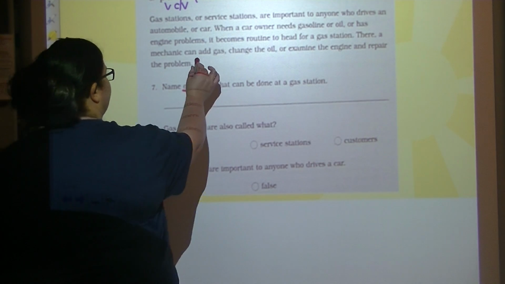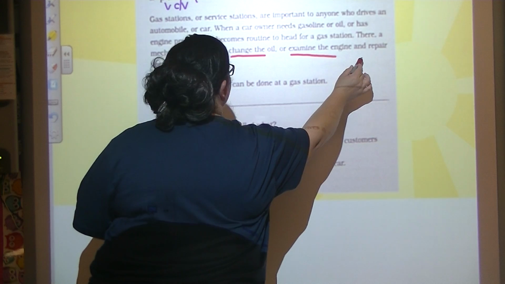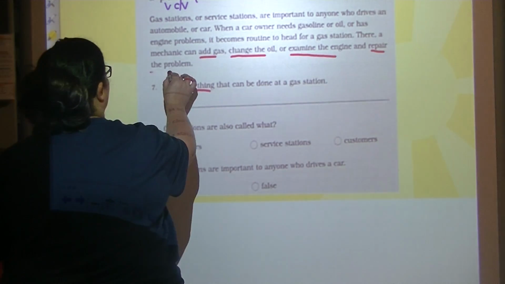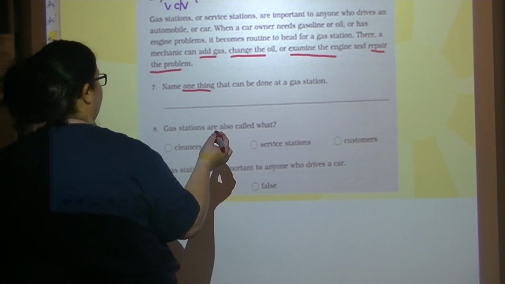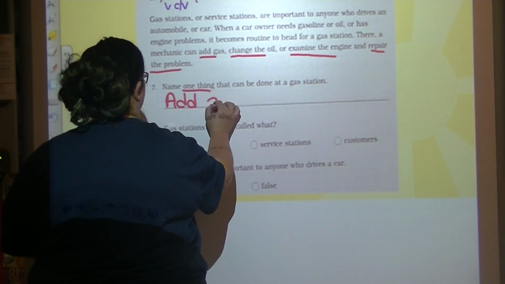All right, so you can add gas, change the oil, examine the engine, repair a problem. So you just pick one. I'm going to put add gas. You pick one.